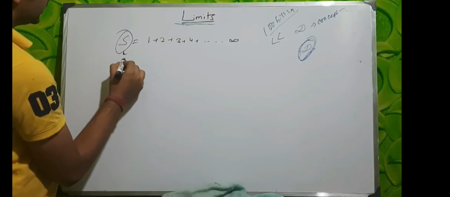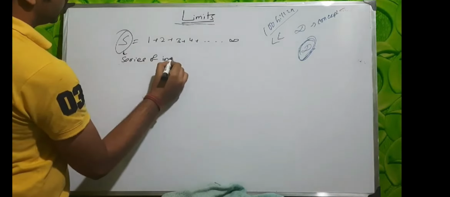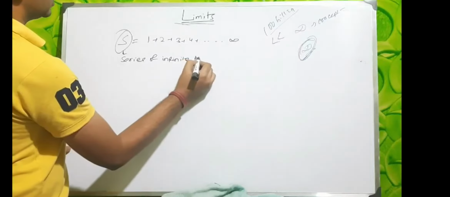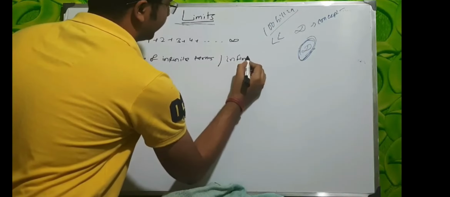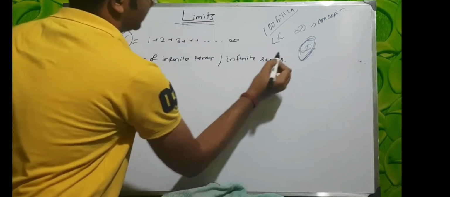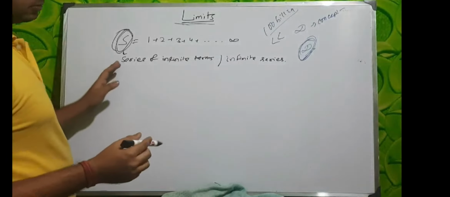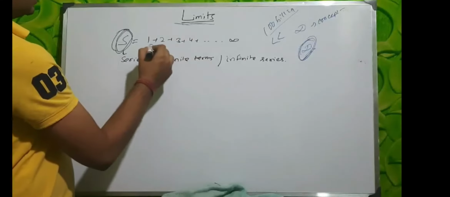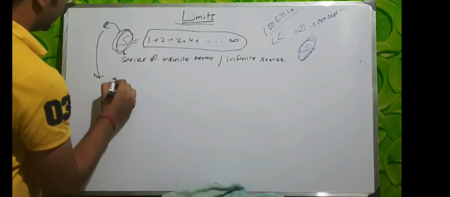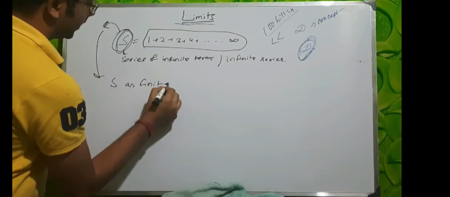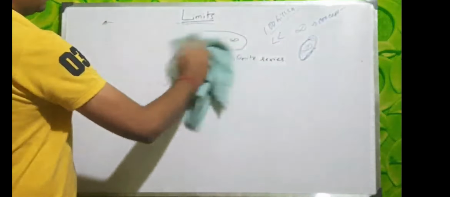Now keep in mind this s is a series of infinite terms, or we can say it's an infinite series, right? So always keep this in mind. There are many pitfalls here. Sometimes people forget this and take s as finite. That would be a mistake. That is not right. You should always keep both sides in mind.